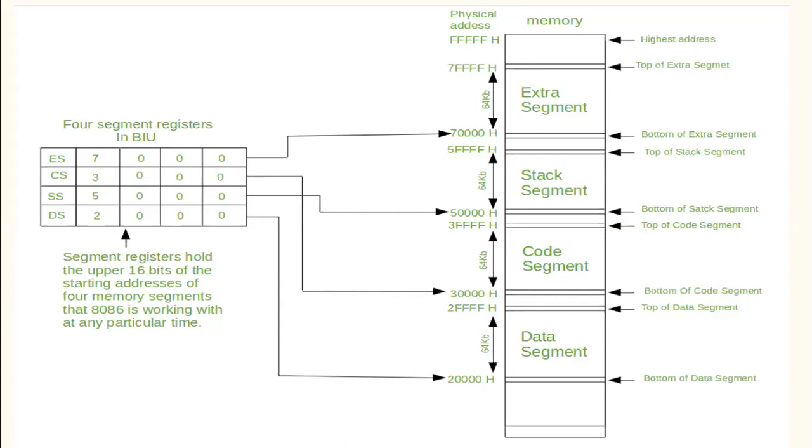Base address 0 plus 1 gave me the total address 1. 0 plus 2 gave me the total address 2 in the first row. Now for the second row, I have the base address as 10. So at the first location, base address 10 plus the offset address 1 gave me 11. Base address 10 plus offset address 2 gave me the total address 12 and like that.